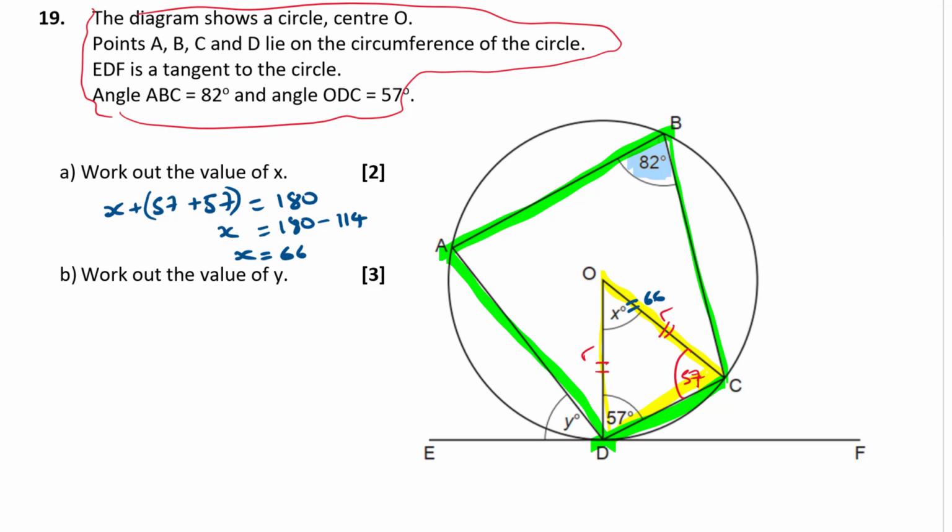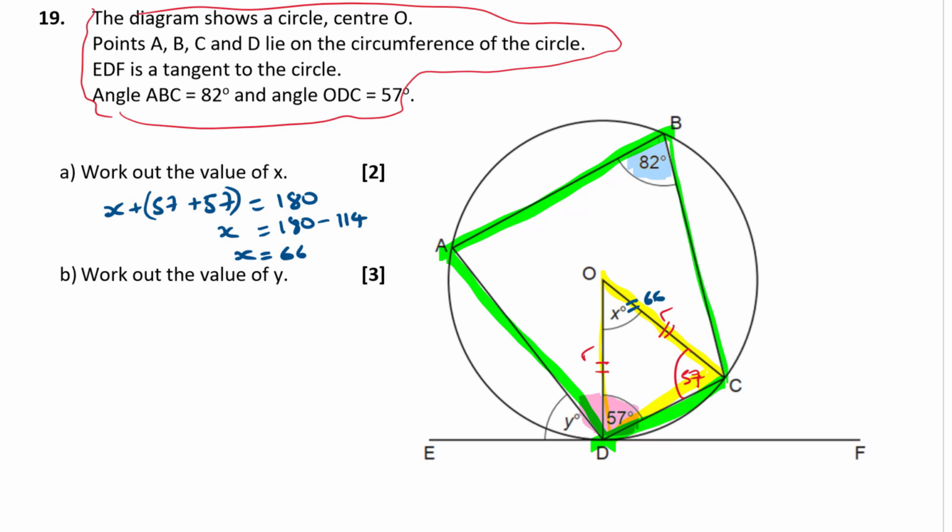Well, I know in cyclic quadrilaterals, opposite angles add up to 180. Okay, so if that one over there is 82, then its opposite number, which would be kind of this whole angle down here, including the 57 and that little bit in the middle there, must be 180 subtract 82.